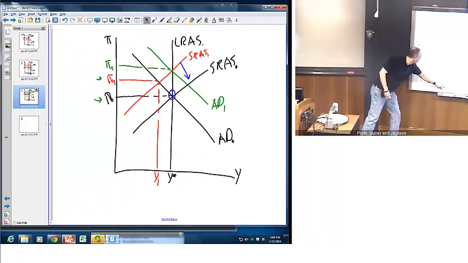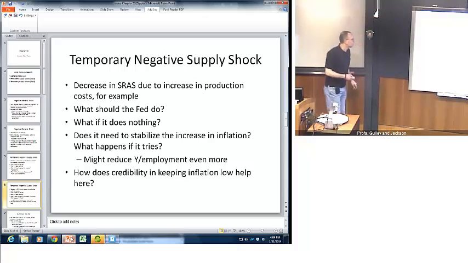So this is where credibility becomes very important, because if the Fed is able to credibly communicate to the public that inflation won't become out of control, that it will revert over time to its target level, that will prevent the short-run supply curve from shifting further to the left, and will in fact influence it to shift back to the right, back toward its original position.